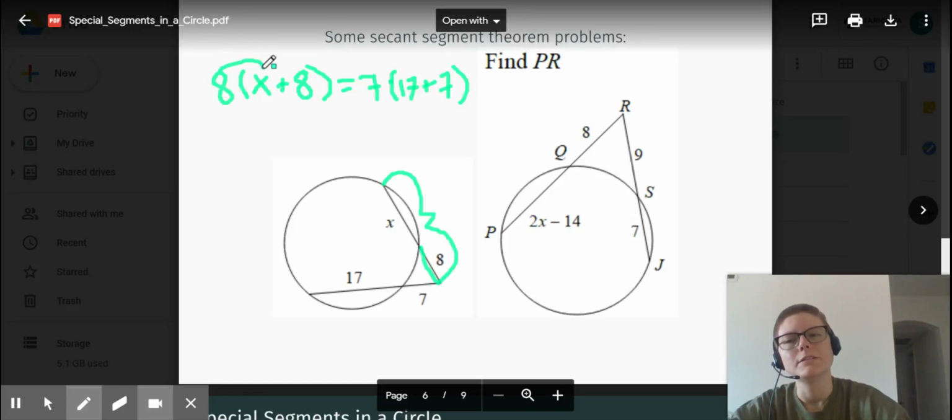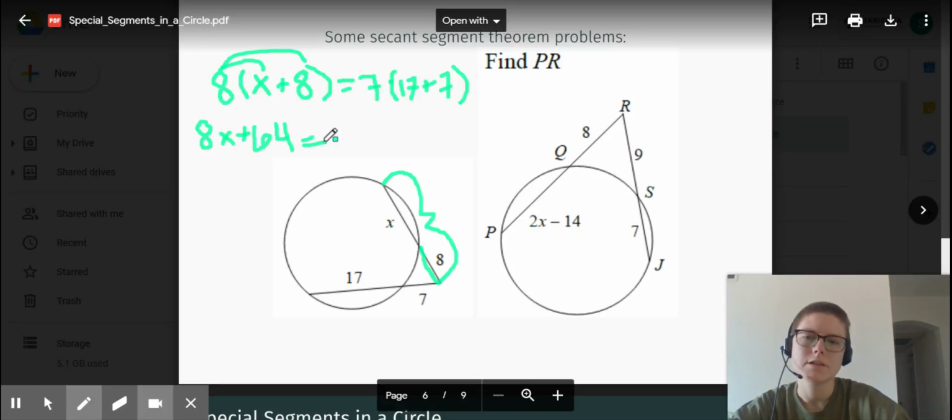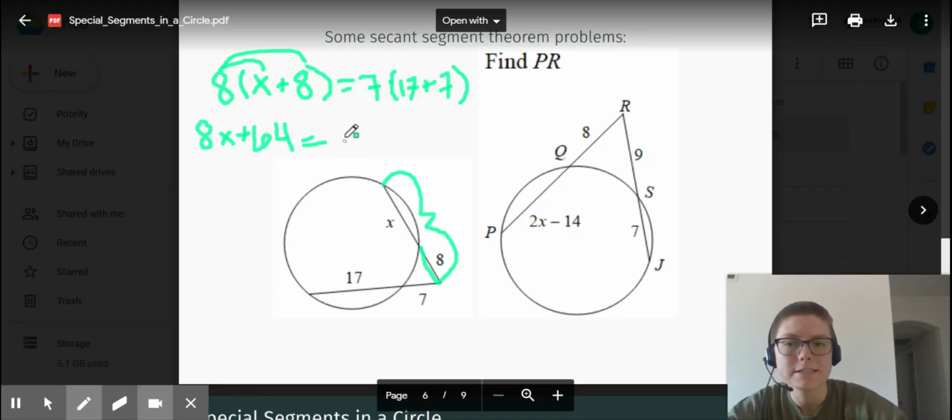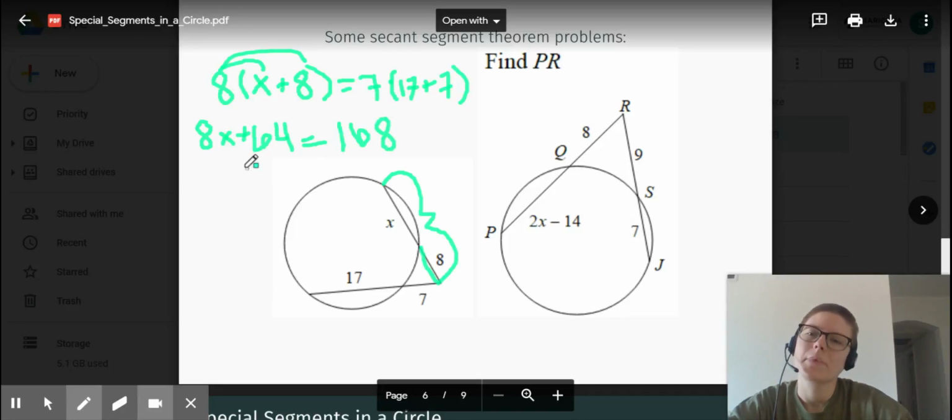So I'm going to go ahead and distribute that 8. 8x plus 64 equals, and I know 17 plus 7 is 24, and then we're going to times that by 7 to get 168. All right, and then we want to get this 64 out of the way, so we'll subtract it to the other side.